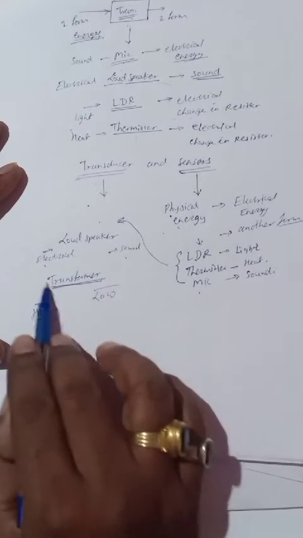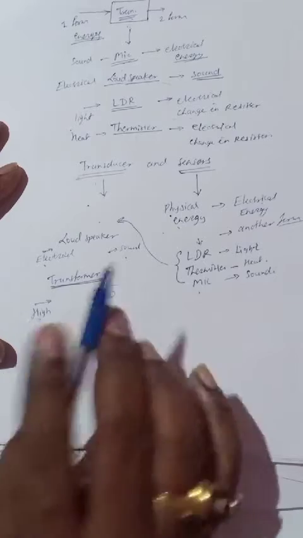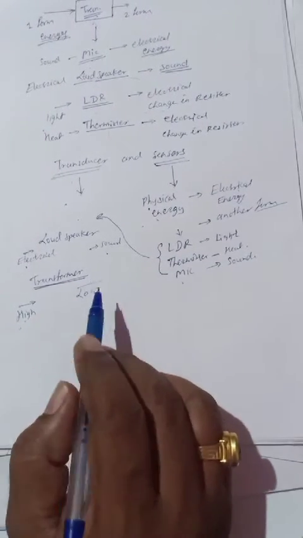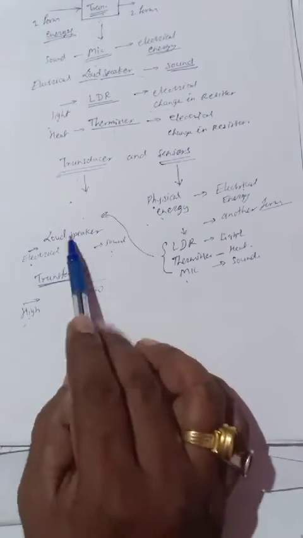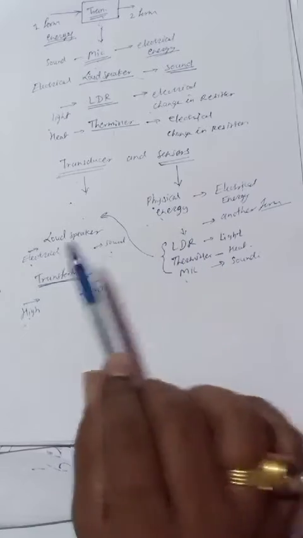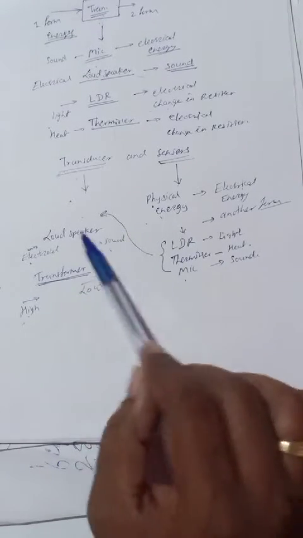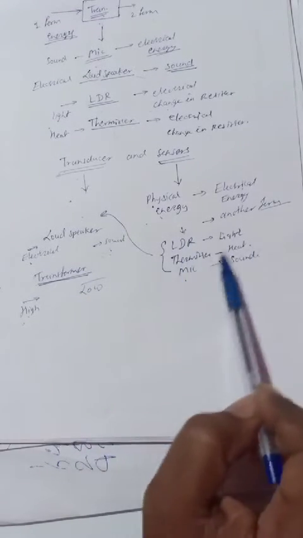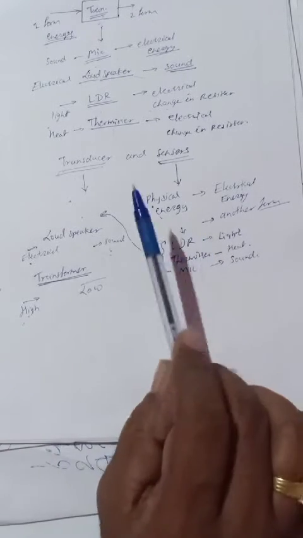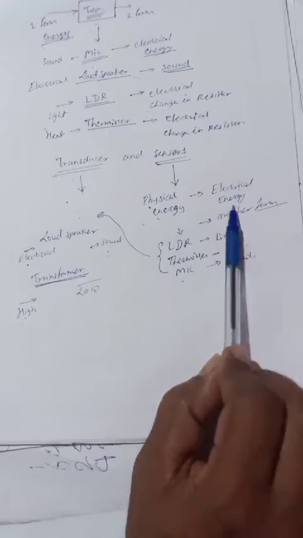The transformer is a type of transducer, but it is not a sensor. So all sensors are transducers, but all transducers are not sensors. The sensors are the ones which convert physical energy into electrical energy.